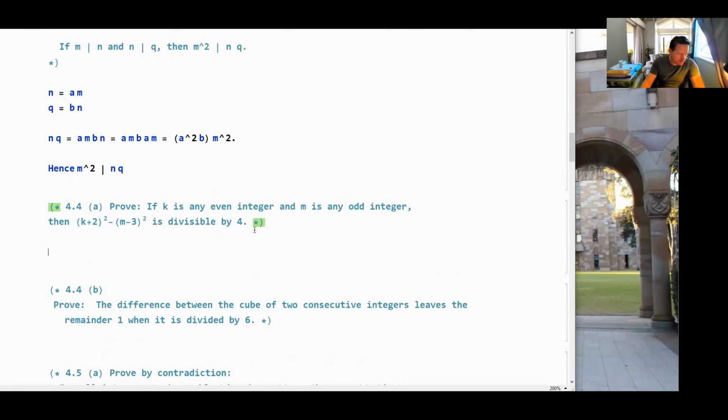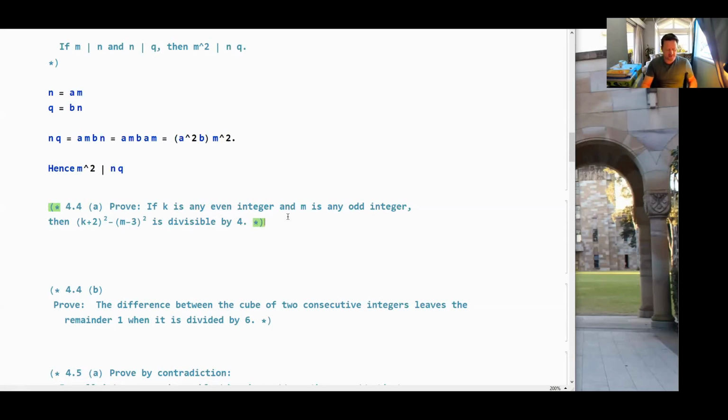Okay, let's have a look at 4.4a then. It says prove if k is any even integer and m is any odd integer, then the difference of these two squares is divisible by 4. So this looks like we should also be able to do this by direct proof. Let's just look at the first part of it. k is any even integer.